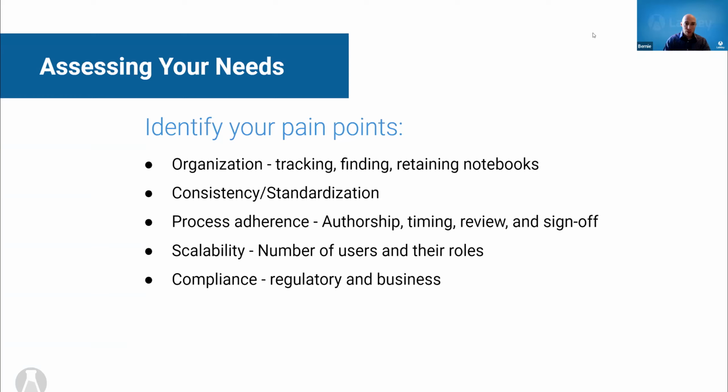And then there's process adherence. Maybe if you're unlucky, many of your researchers and technicians have, say, 90% of their notebooks from the last month unfinished or unsigned or unreviewed or something like that. And you could use help encouraging completion to stay more on top of things.